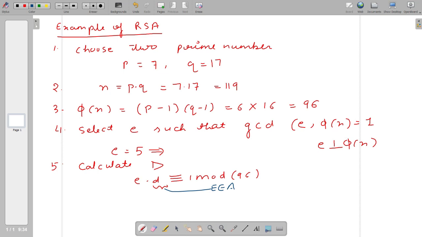D comes out to be 77. Let's check that D has an inverse modulo 96. 77 into 5 comes out to be 385, which is 4 into 96 plus 1. So we can say that D and E are inverses of each other.